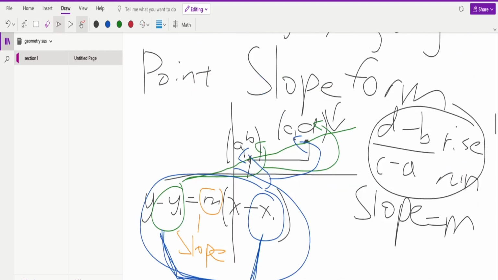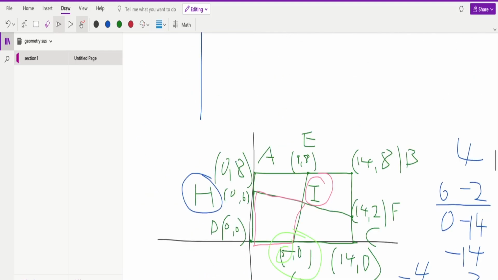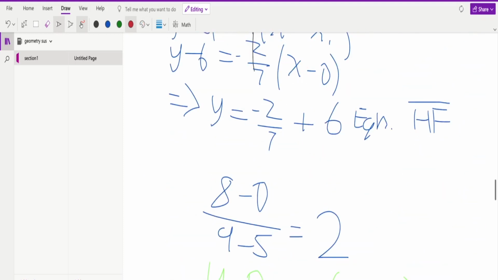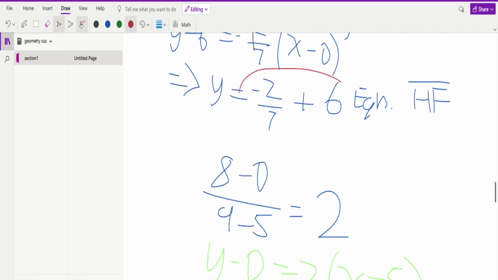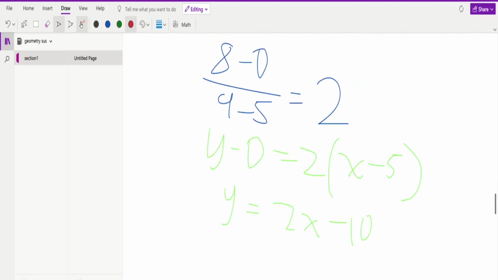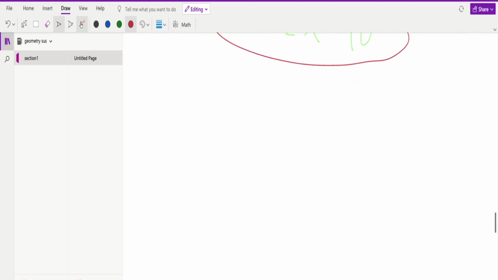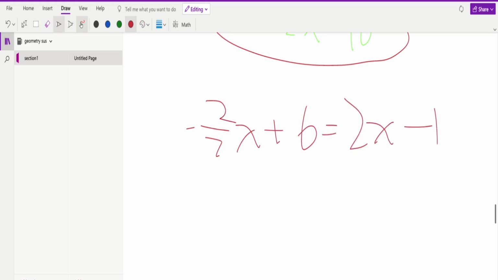And now we want to find the intersection between these 2 lines, because that is where point I is. So if we want to find point I, we set this top equation and this bottom equation equal. So we'll do negative 2/7 x plus 6 is equal to 2x minus 10.